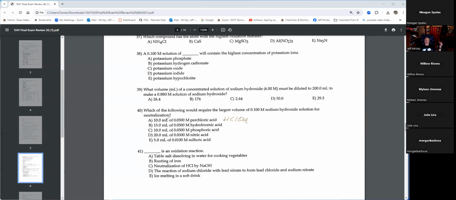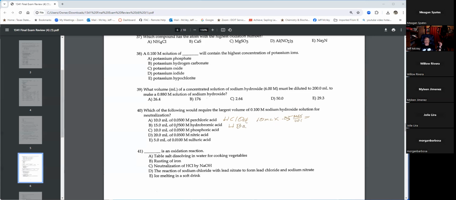So I have 10 mils, everything's in milliliters, so you don't need to worry about converting to liters. So that's going to be 10 mils times 0.05 moles over volume. Don't worry about the milliliters, don't worry about liters. Just whatever is going to give you the biggest number, 10 times 0.05. Here you've got hydrobromic, another monoprotic acid.